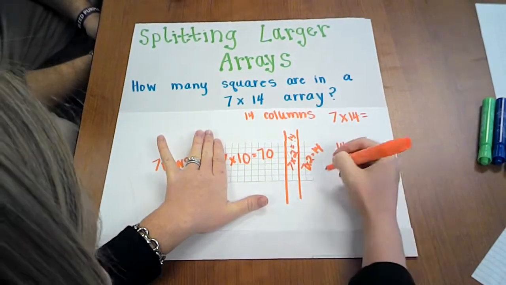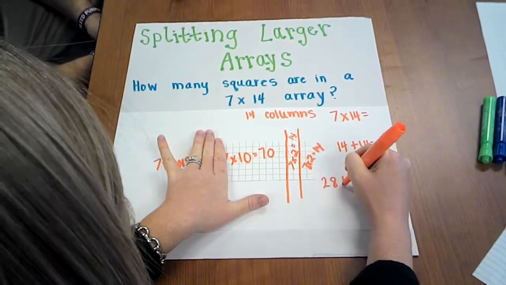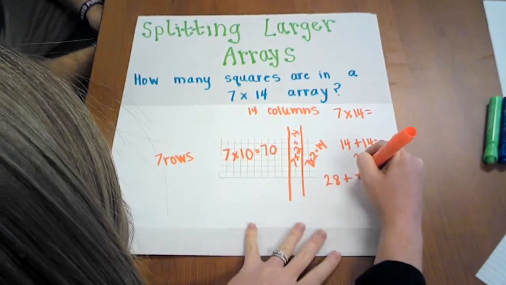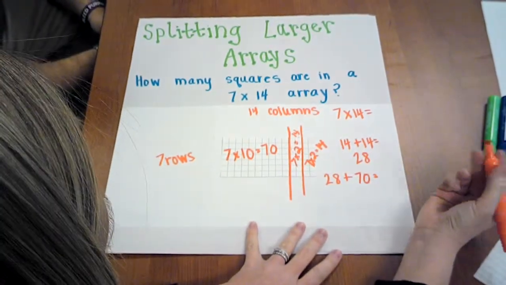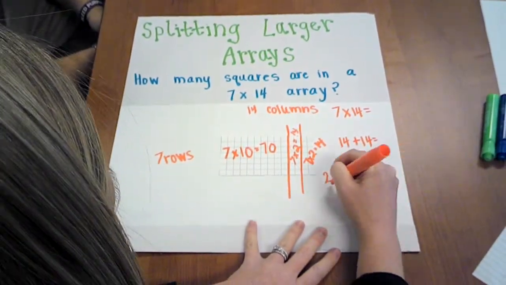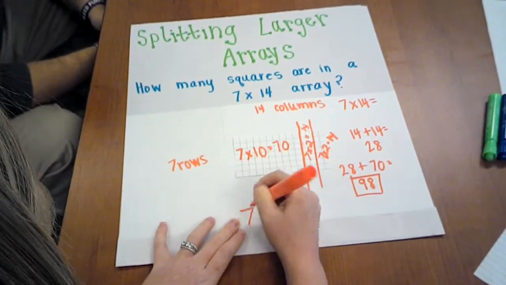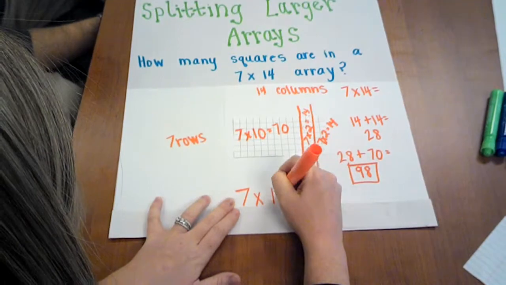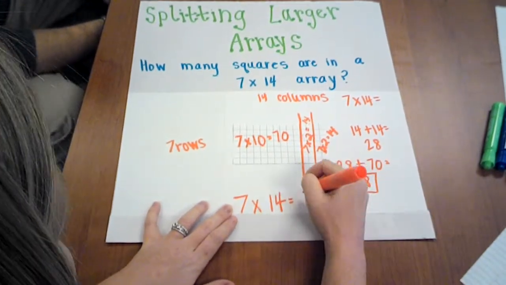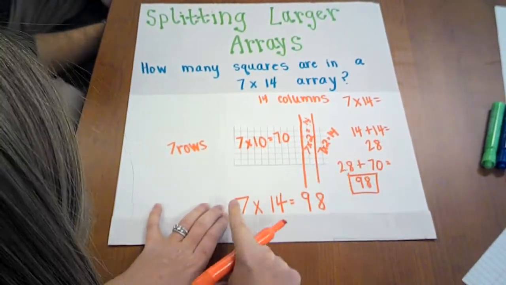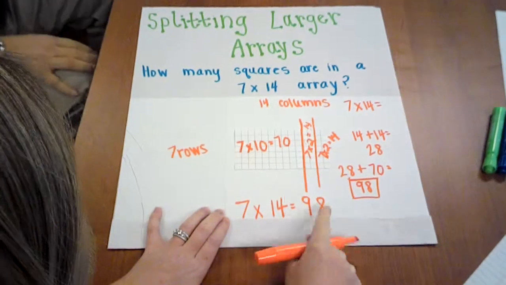So now I have my 28 plus my 70 squares gives me 98 squares in my whole array. So now I know 7 rows of 14 equals 98 squares, or 7 times 14 equals 98.